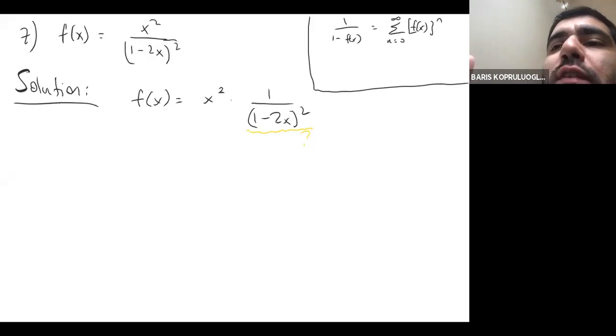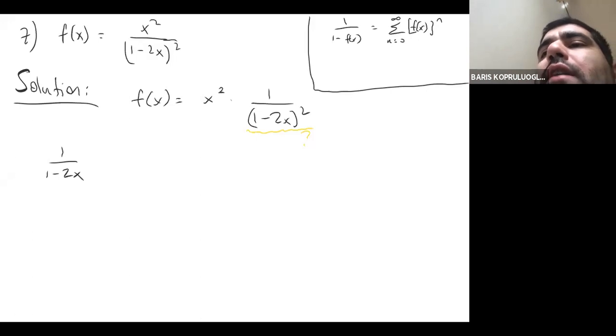I think the only thing we can do is finding a relationship between 1 over 1 minus 2x and 1 over 1 minus 2x squared. So 1 over 1 minus 2x, let's talk about its derivative. You can use the quotient rule or you can use the chain rule.